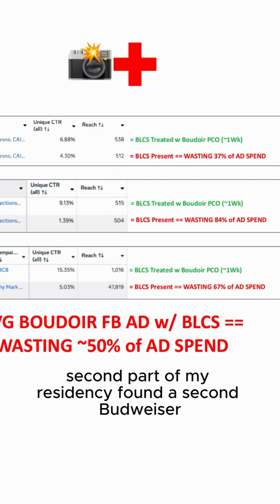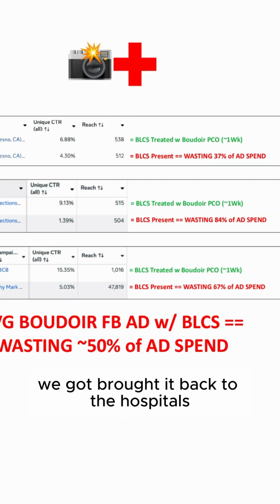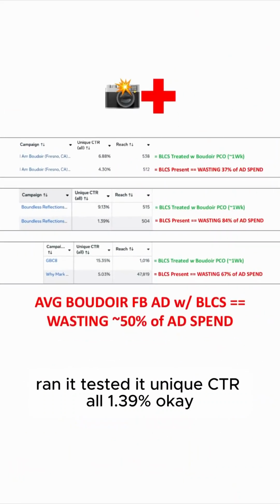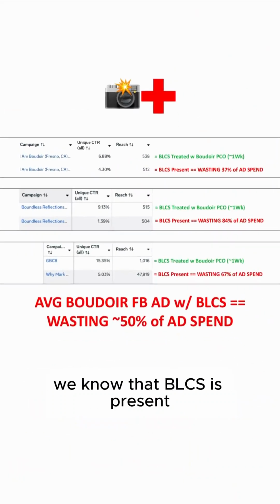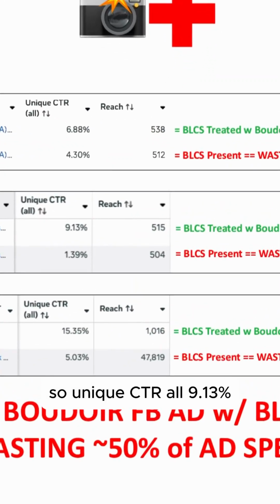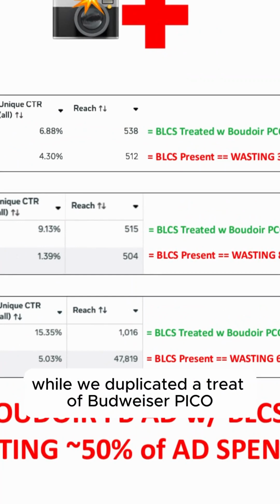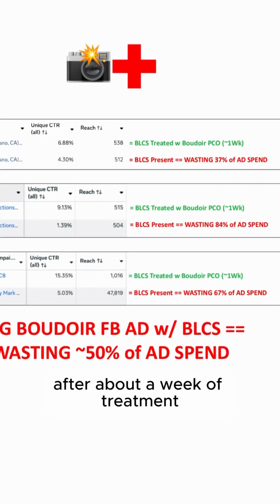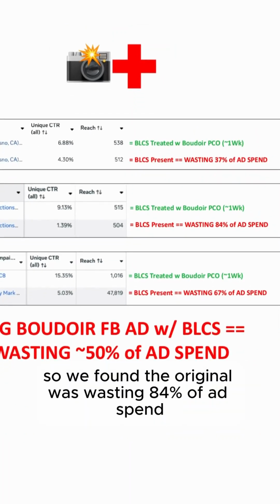All right, second part of my residency, found a second Boudoir Facebook ad, brought it back to the hospital, tested it, unique CTR 1.39%. We know that BLCS is present. We duplicated it, treated with Boudoir Pico, and got the unique CTR up to 9.13% after about a week of treatment. So we found the original was wasting 84% of ad spend.